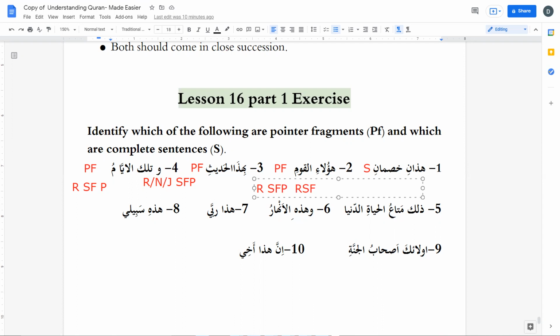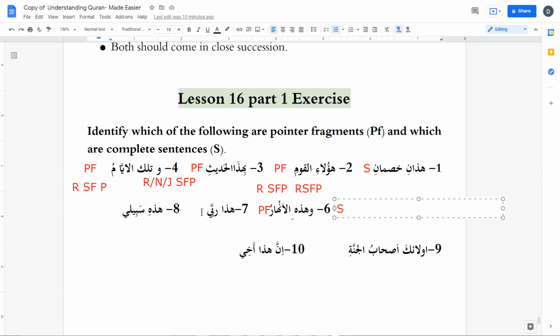And ism ishara are all proper. So they are matching, yes. Rafa, singular, feminine, proper. Rafa, singular, feminine, proper. So they are matching, and yes, this is a pointer fragment. This is a sentence.